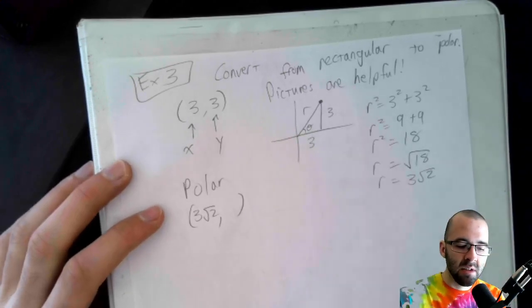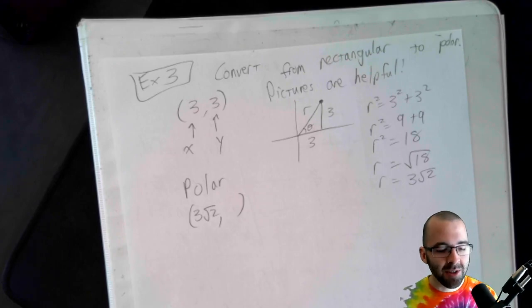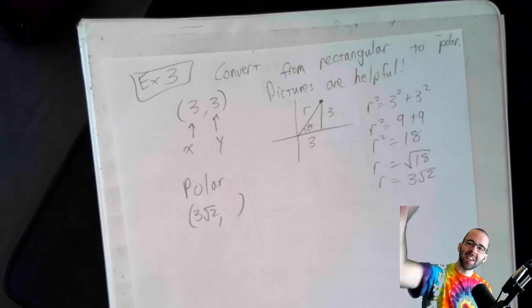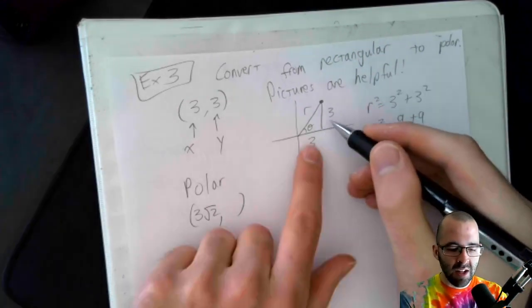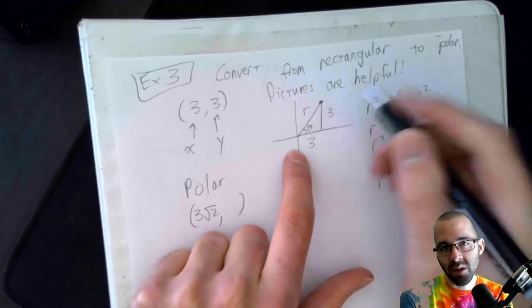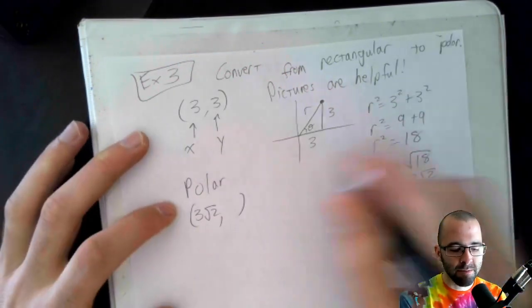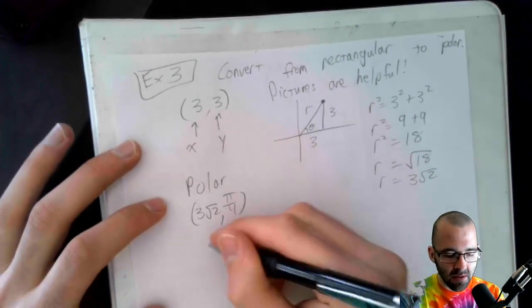And we use trig to find out what we have. The astute trigonometry student is going to go, wait a minute, I know what the angle is, because this is an isosceles triangle. These two sides are the same. This is a 45, 45, 90 triangle, okay? So it's pi over 4 is our angle.